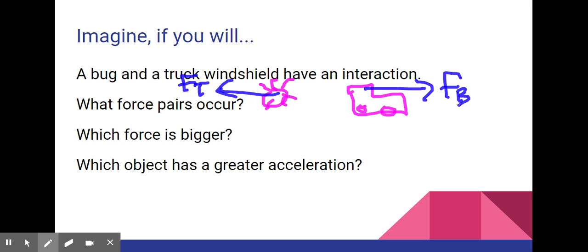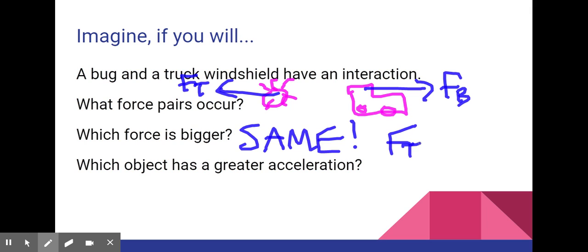Because of Newton's third law, we have these action-reaction pairs. These two forces, even though these objects have completely different masses and velocities, are the same. They are the same. This is a super important concept. Ft equals Fb. That truck is hitting the bug with the same force that the bug hits the truck with.